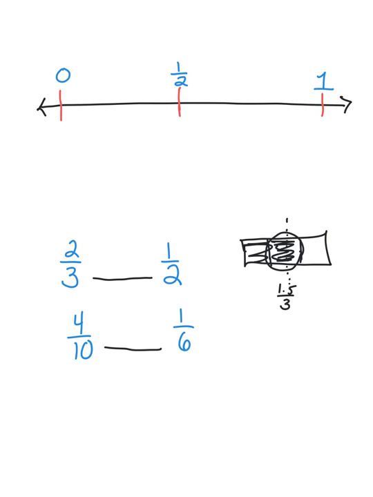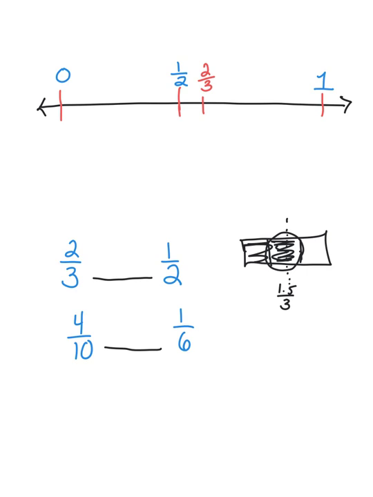So this is actually being very close to that, the 2/3. So where would that be placed? That would be a little past the halfway mark. So we're going to put 2/3 a little past that halfway mark because it's a little bit greater than a half.